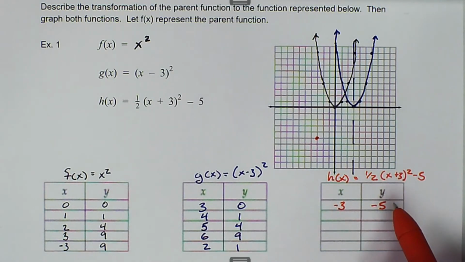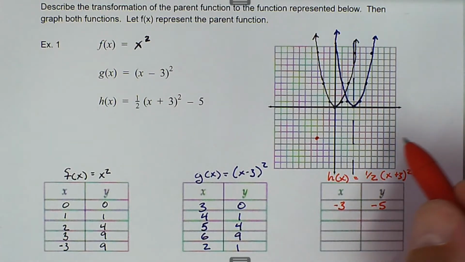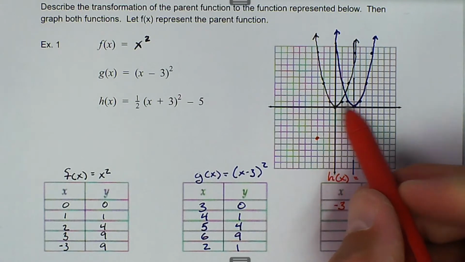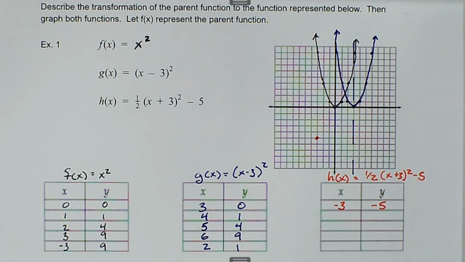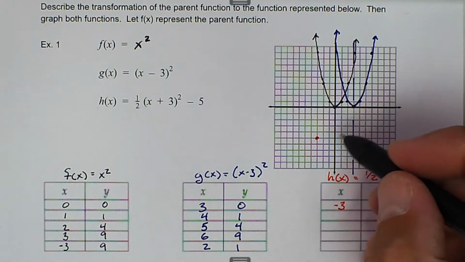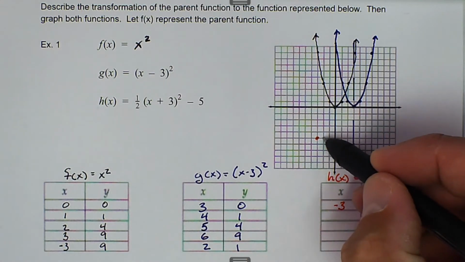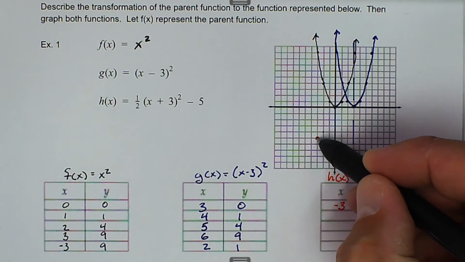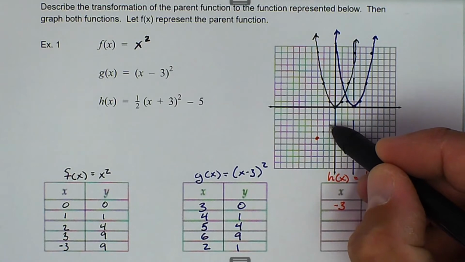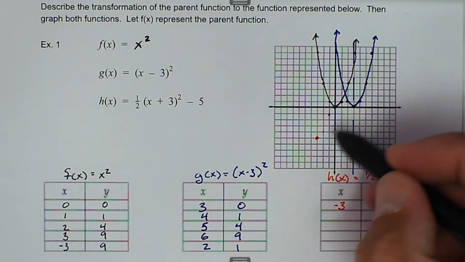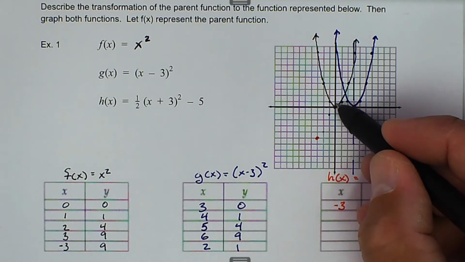But now when we go vertically, it's only going to be half as much. So we can sketch the points that would be for the parent if it was the same as the parent function. So go over 1, up 1. Over 2, up 4. Over 3, up 9.